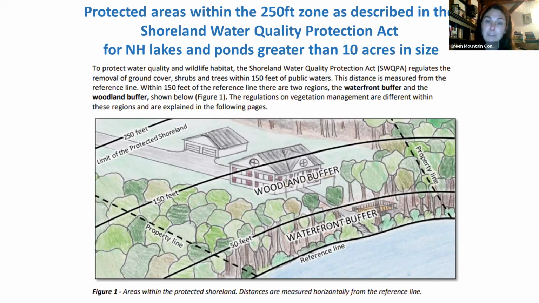Up to 150 feet is your woodland buffer. Again, you want as much vegetation as possible. And then up to 250 feet is protected in this act, and that zone can include buildings. It usually does. So if you check out these standards, that will give you an idea for your self-assessment.